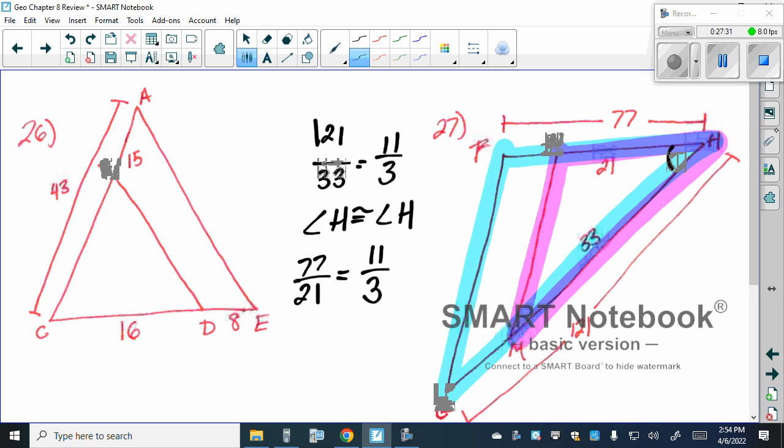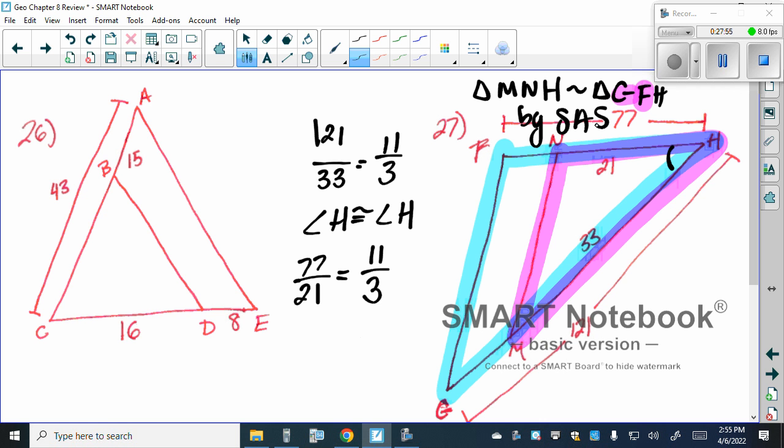So we can say triangle MNH is similar to triangle GFH by SAS, side angle side. And that's all we need for that there.